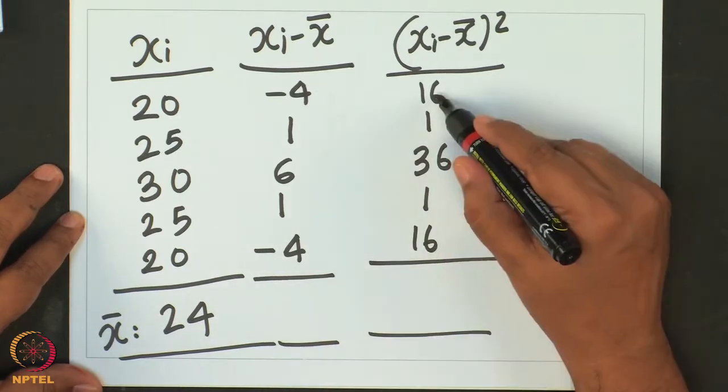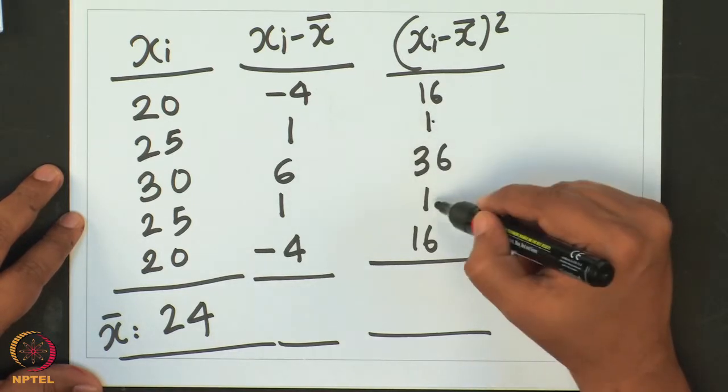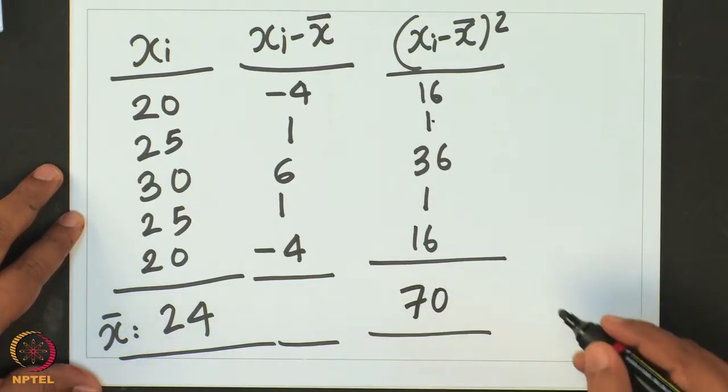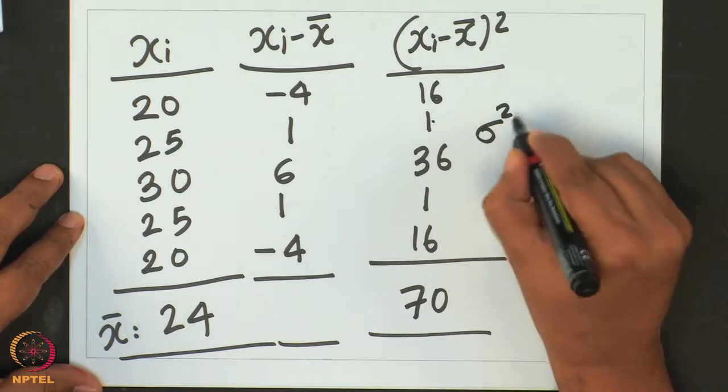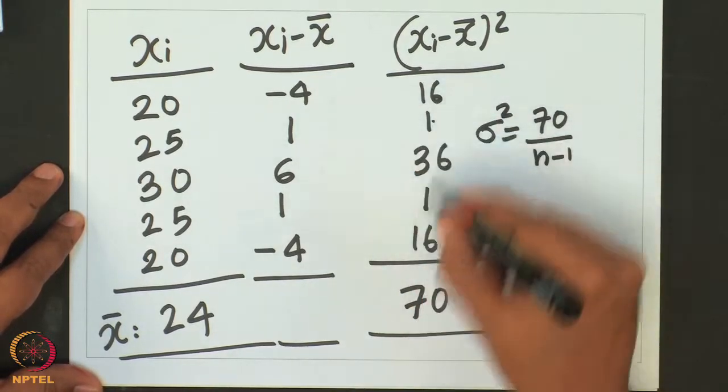So 36 plus 16 is 52, plus 2 is 54, so this would be 70. And sigma square is 70 divided by n minus 1. There are 5 of these.